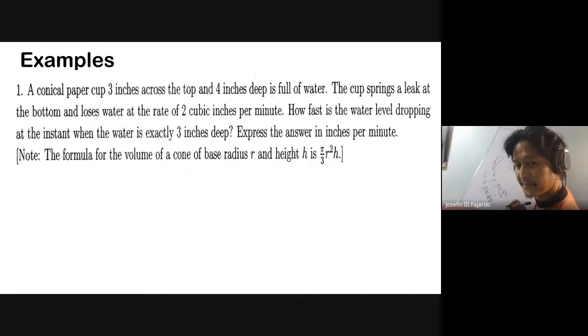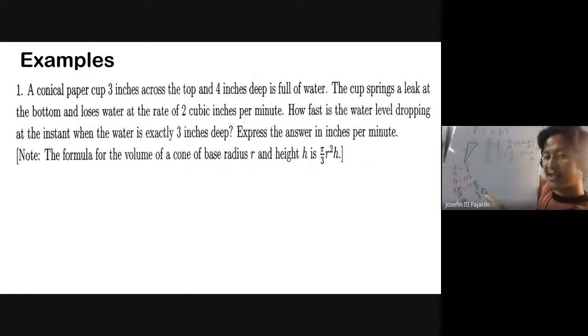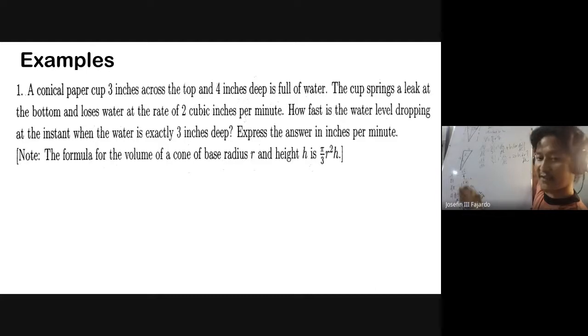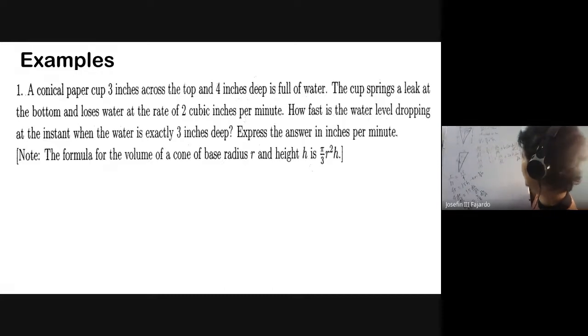Okay? Can you follow? So, pwede ko nang palitan dito yung dr/dt ko ng nakuha natin kanina. And same thing, yung ating r, pwede ko na rin palitan in terms of h. So, from here, I can rewrite your r to be 3 over 8 h. Di ba? So, papalitan ko lahat ng r.